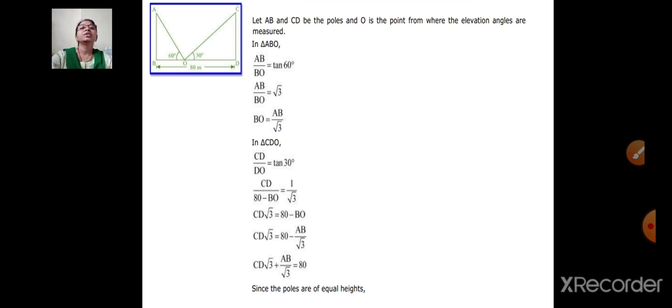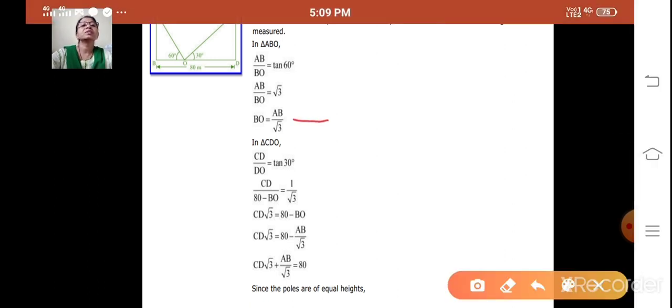Now in triangle AOB, take tan of 60 degree, opposite upon adjacent, that is AB upon BO. AB upon BO is equal to tan 60, which is √3. Then cross multiply, you will get BO is equal to AB upon √3. Give this as equation number 1.